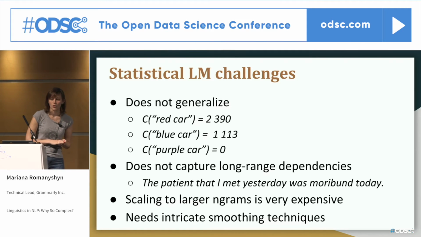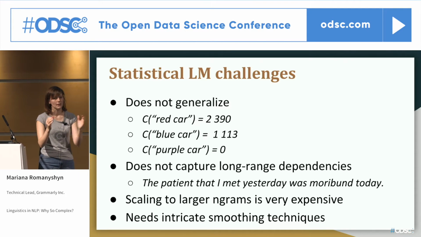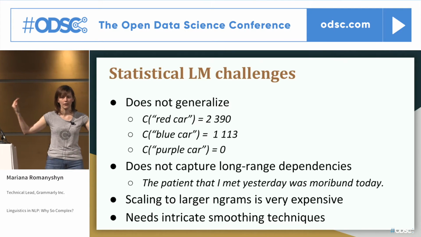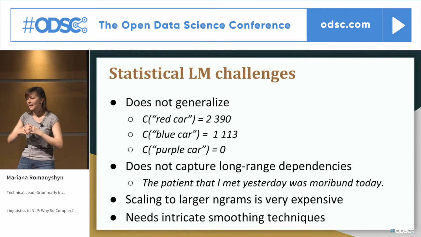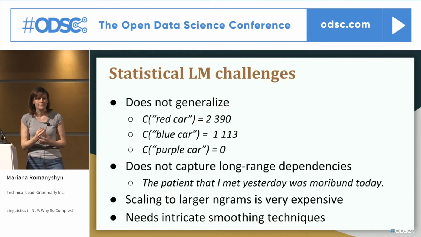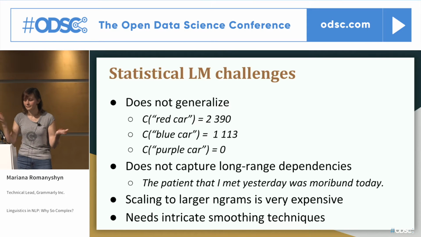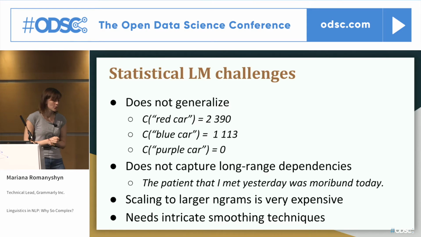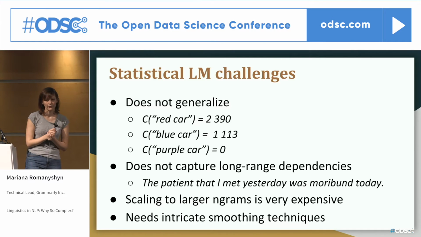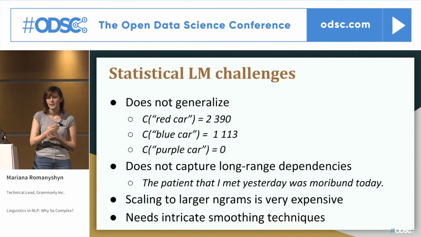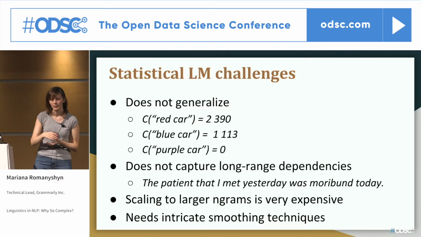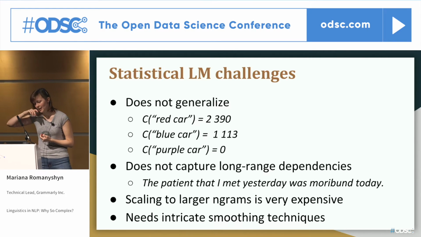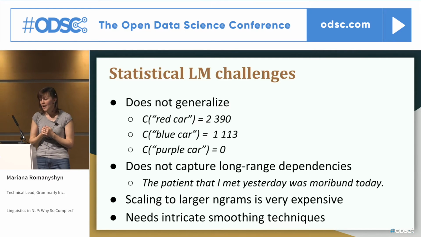Another problem is that they don't capture long-range dependencies. As I told you, the window that you're using is 2 or 3 or 4 or maybe 5 words, but scaling to larger n-grams is very, very expensive and inefficient, so people don't do that. One of the resources of these n-grams is the Google n-grams corpus, which is also available for everybody, and I linked it in the references at the end of the presentation.